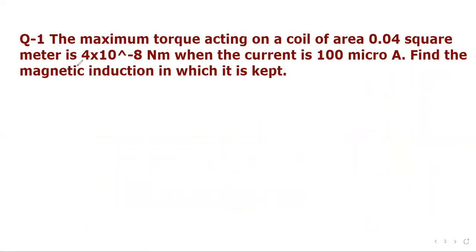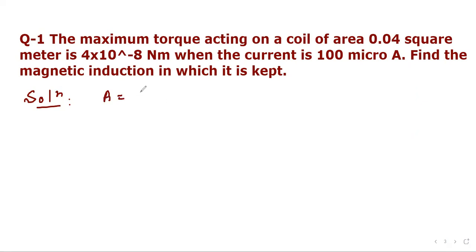So question number 1. The maximum torque acting on a coil of area 0.04 square meter is this much when the current is 100 microampere. Find the magnetic induction in which it is kept. Let's write the information.